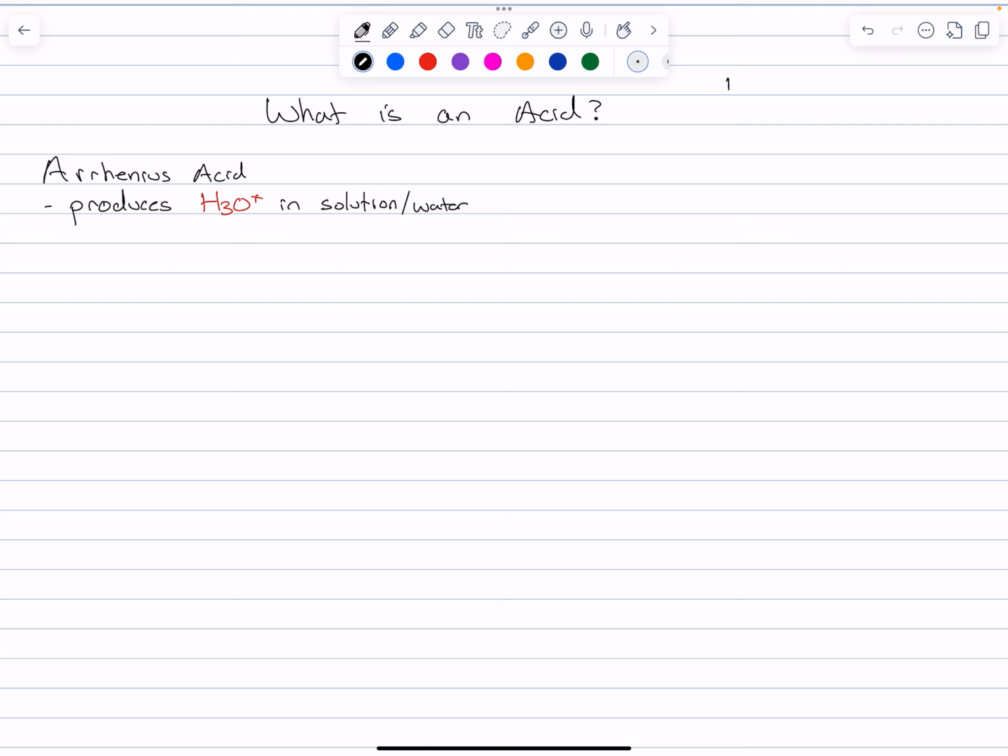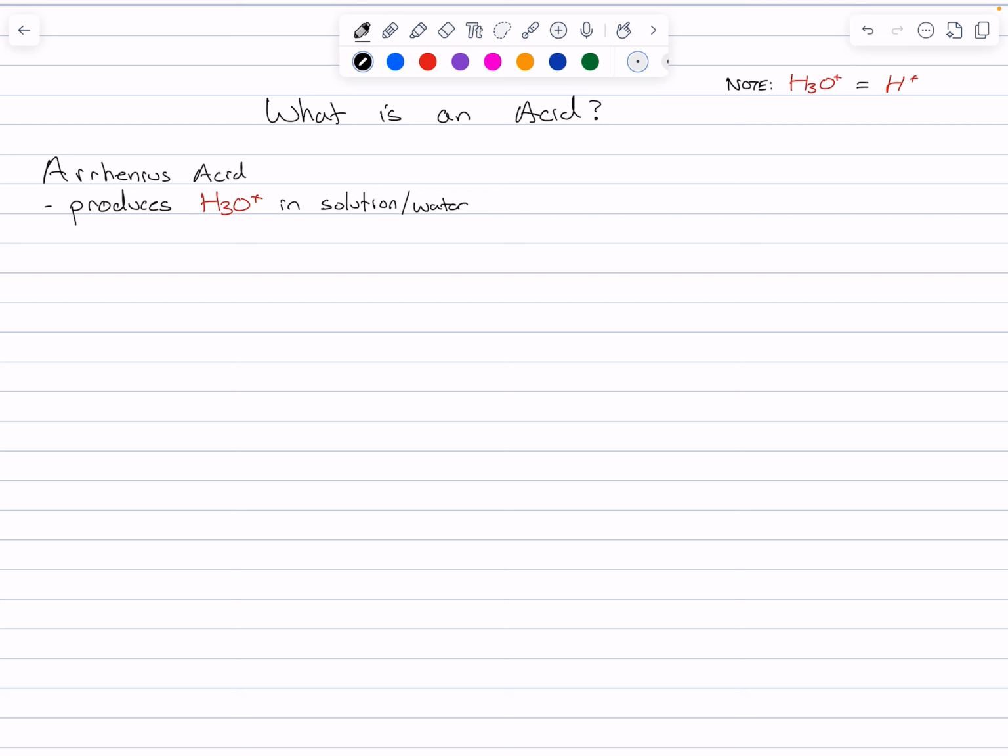So note, hydronium is basically the same thing as H+. So we're going to treat it the same way, okay? Because the proton is going to hydrogen bond to water, or bond to water. It's the same thing for us. It can get more complicated than that, but that's where we're going to leave it in this one.